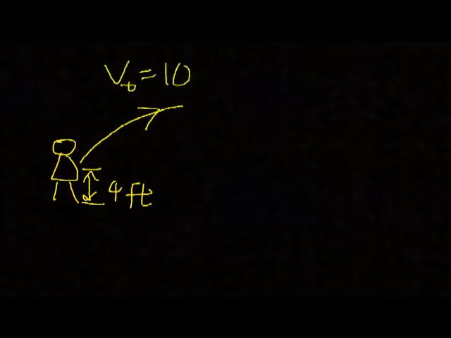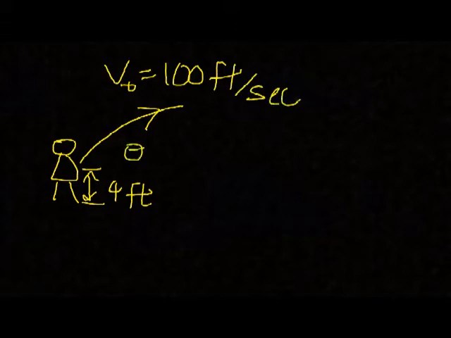Let's take for example Nathan, a baseball player that hits a baseball at a height of 4 feet off the ground. The ball then travels at an initial speed of 100 feet per second at an angle of theta equals 45 degrees.